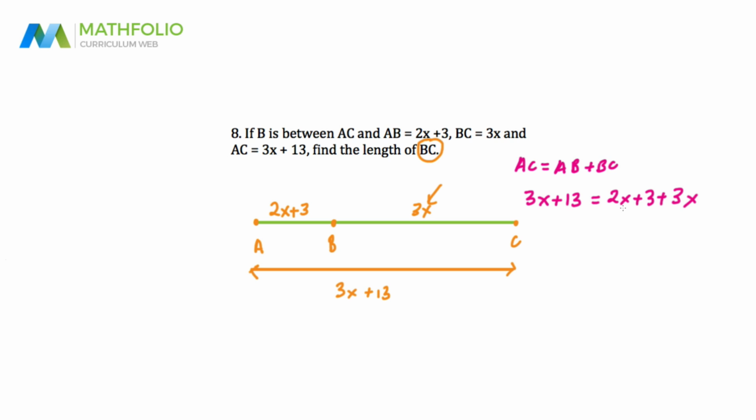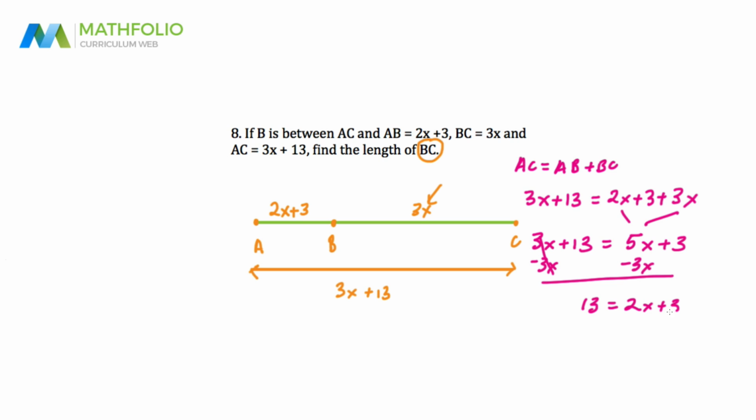When we combine like terms here, these two become 5x plus 3. And on the left, we just bring down the 3x plus 13. So we've got x's on both sides, so I'm going to get rid of the smaller coefficient, the 3x. We got 13 equals 2x plus 3.